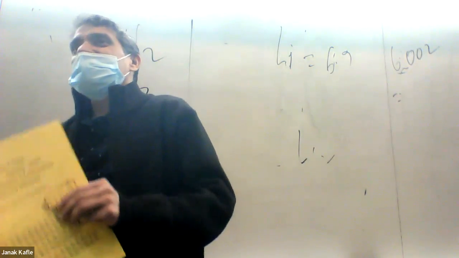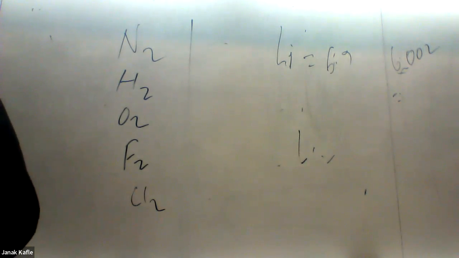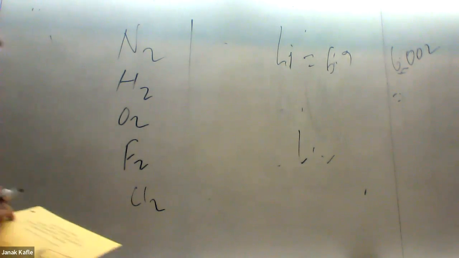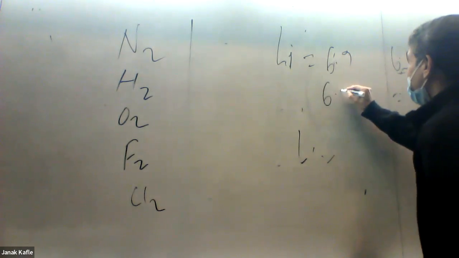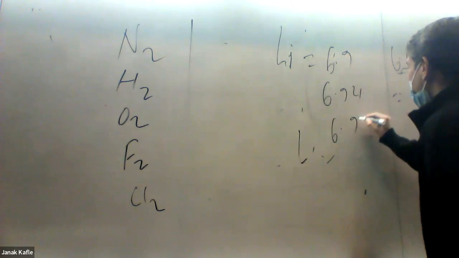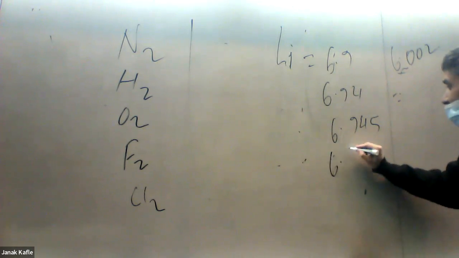While you study general chemistry, or if you don't go to work in the laboratory, you might think, okay, should I use 6.9 or 6.94 or 6.941 or maybe 6.8 or something like this.